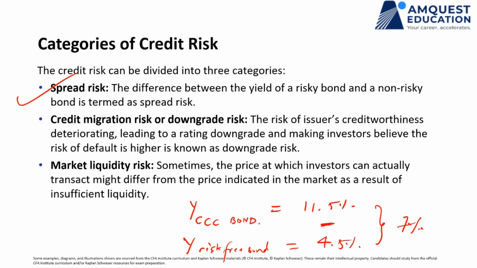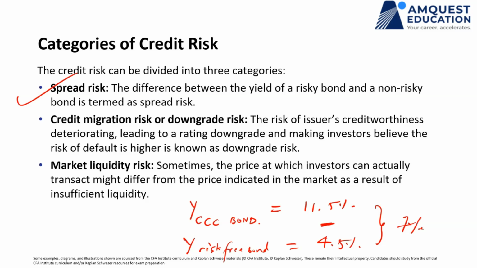Because of certain business events, certain things not going in your favor, your credit rating gets downgraded. And if credit rating gets downgraded, that also leads to a higher risk of default. This is known as downgrade risk because now the issuer is downgraded, there is a higher risk of default. It nowhere says there will be a default. It always says there is a probability of a default that can happen, but it is not a guarantee that a default will be there.